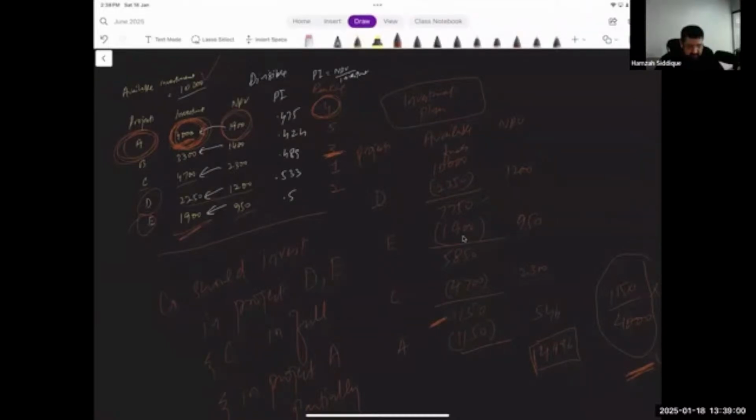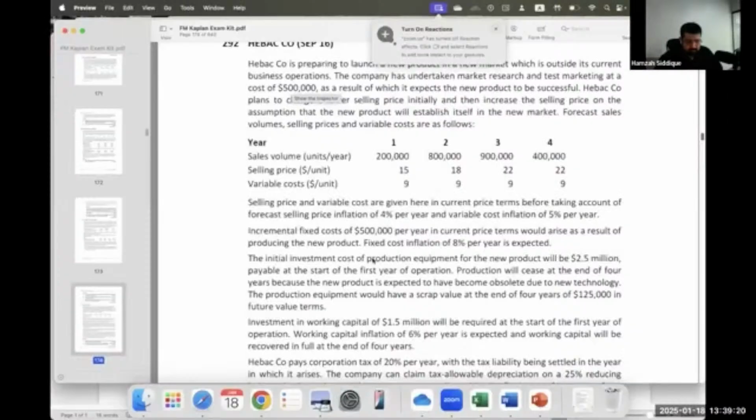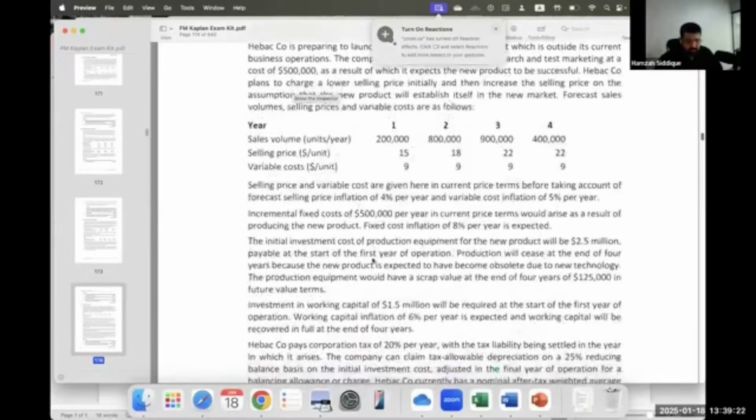From the exam kit, you need to solve the question. The question is Habak, 292, homework. Let me show you. This is the question, Habak, 292.